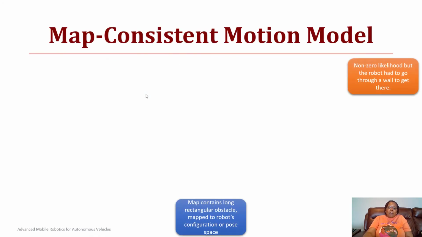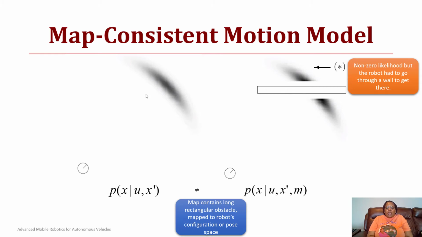So for the map consistent motion model, this is what it would look like for the probability of x given u and x prime. And here's what it would look like for the probability of x given u, x prime, and m. And the main thing you should see here is that horizontal rectangle, which is a space that represents an obstacle. So with the map information, we now know that the robot is not able to actually go in that space because there's an obstacle there.